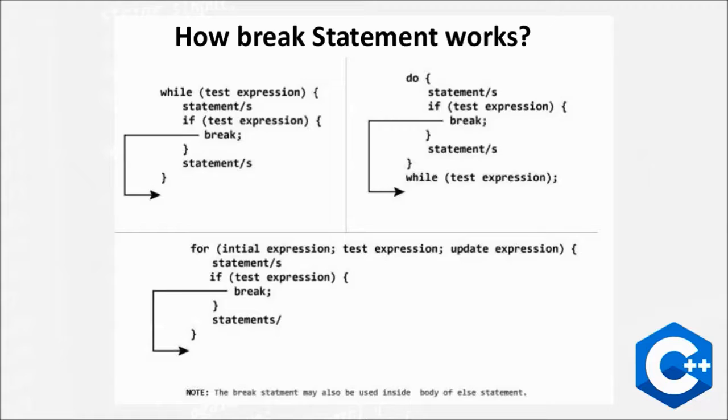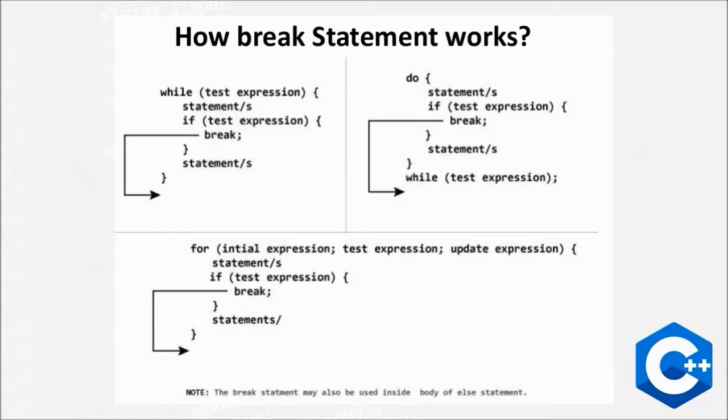How does it work? Why do we use break? We use break because we don't want to wait for the end of our loop. If we get our result in the first iteration of a loop, we don't need to execute the remaining iterations. So we insert a break into it.